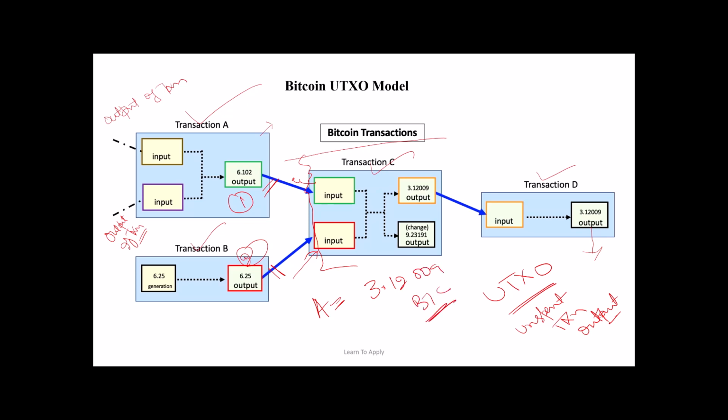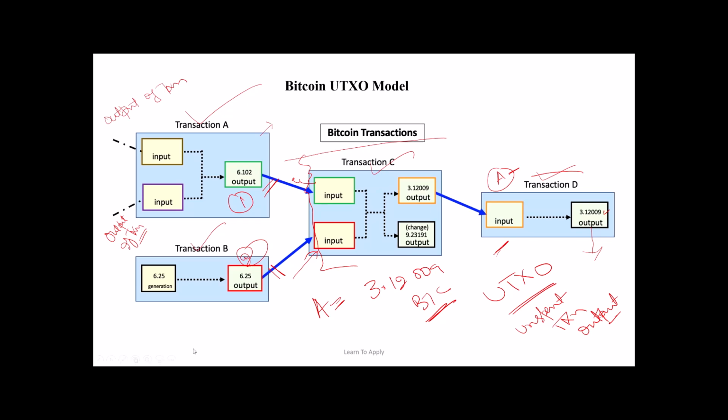It means he has a UTXO corresponding to this value. If this is the address of account A, he has a UTXO which has the value of 31.20. That means this account will have the power to spend this output.